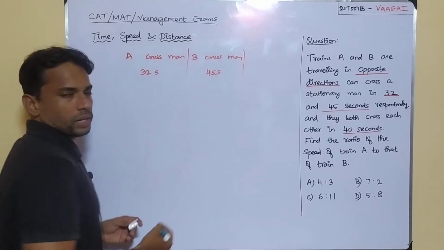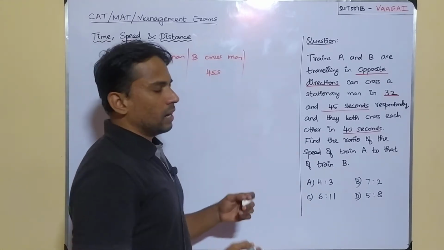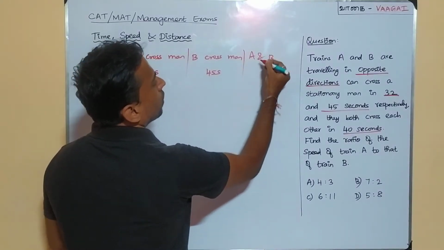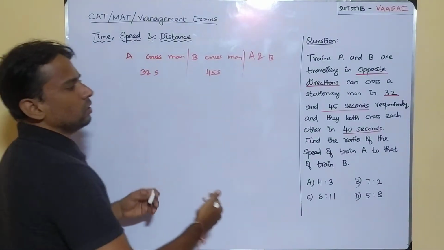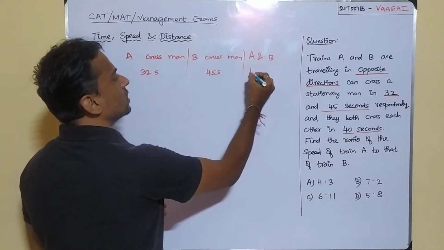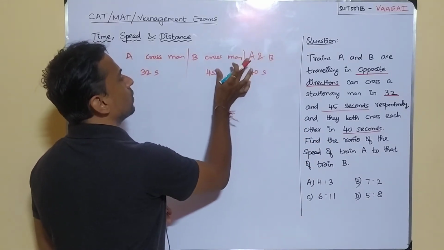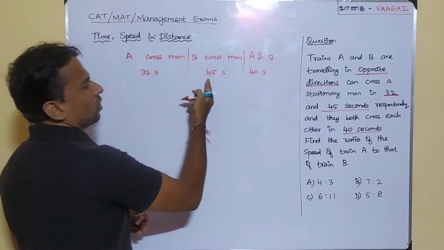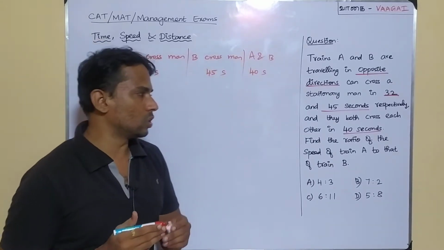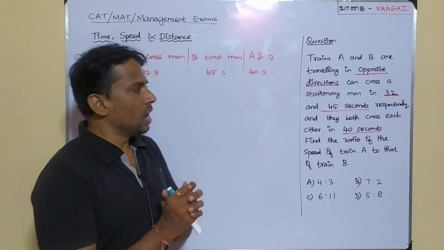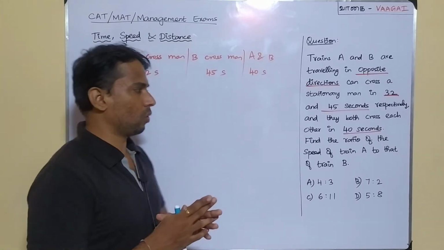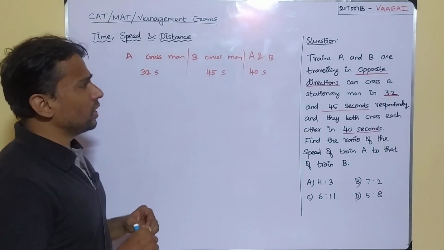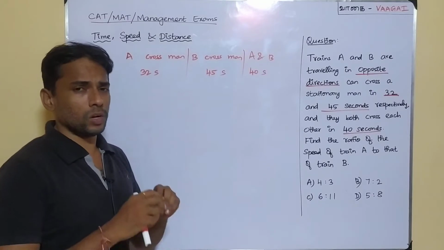And the last one is trains A and B crossing each other, which is taking 40 seconds. So 32, 45 and 40 seconds: everything is given in terms of seconds only. And finally we have to find the ratio of the speeds. And as I told, there is some information which is not provided in the question, but no issues.